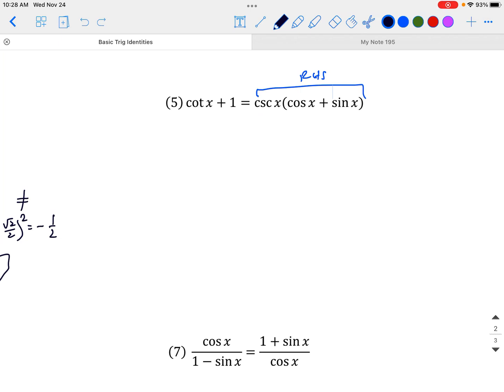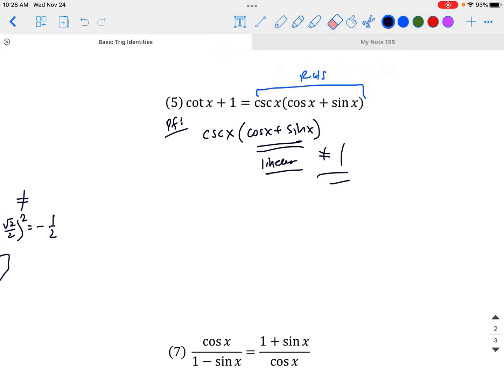So let's go ahead and do that. So we've got cosecant x and then cosine x plus sine x. Note the cosine x plus sine x are both linear terms, degree 1, so this is not equal to 1. The Pythagorean identity is only when we square cosine and square sine when we add them together. So be careful not to confuse that as just being equal to 1.